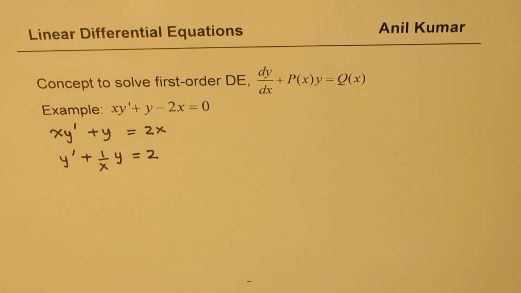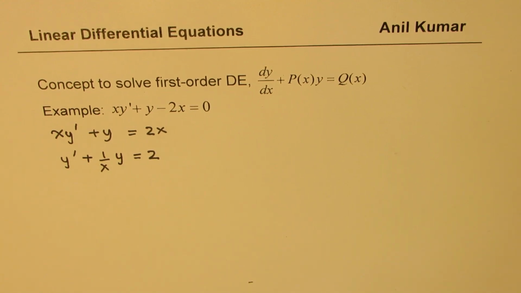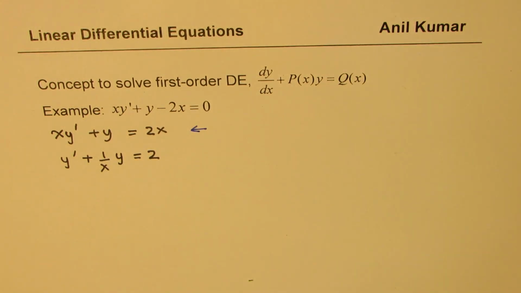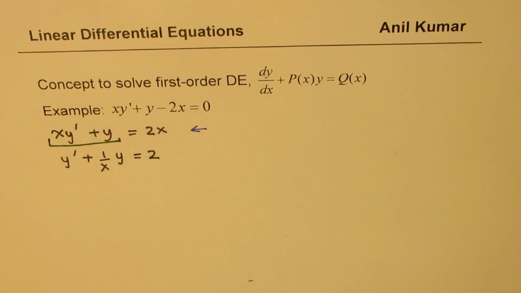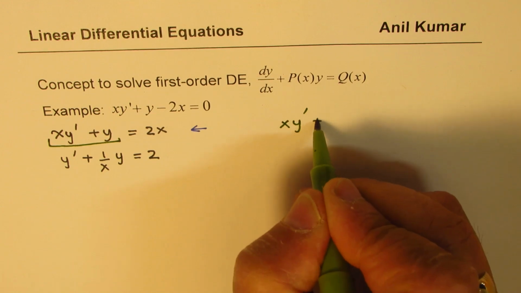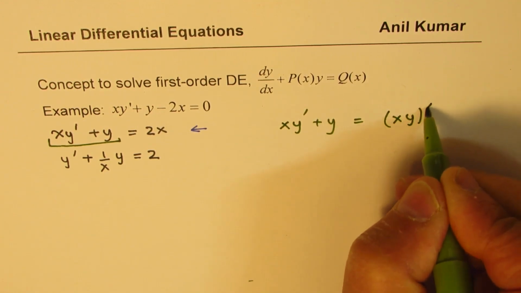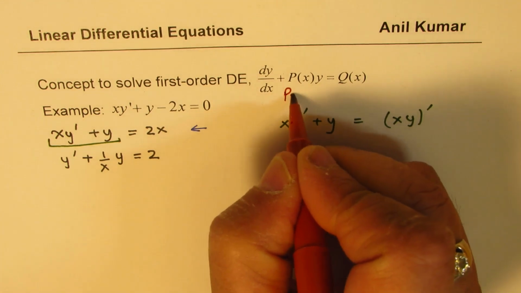How do we solve this? What you also notice here is that in this equation we have the term xy dash plus y. Does that remind you of something? This is the derivative of xy, the product rule. So that reminds us of the product rule.